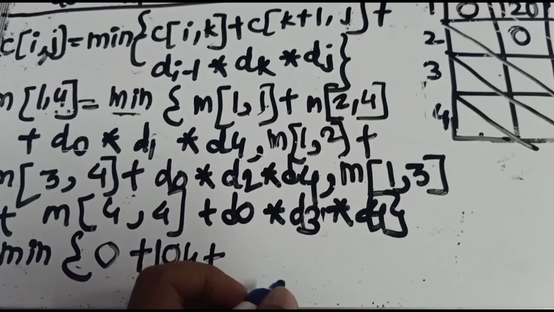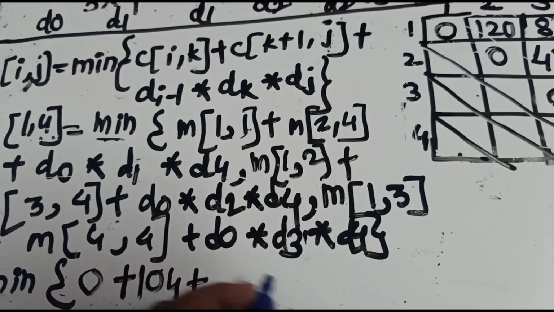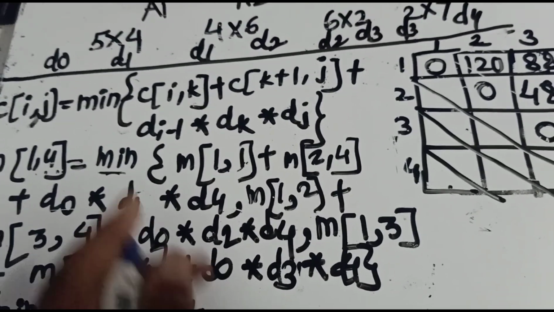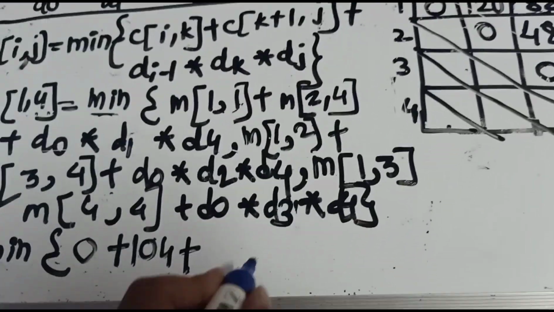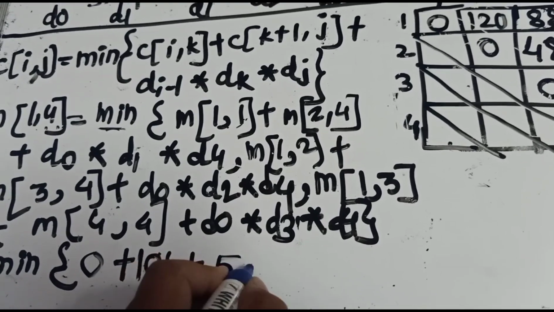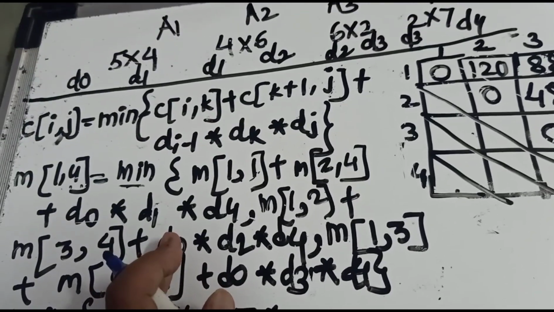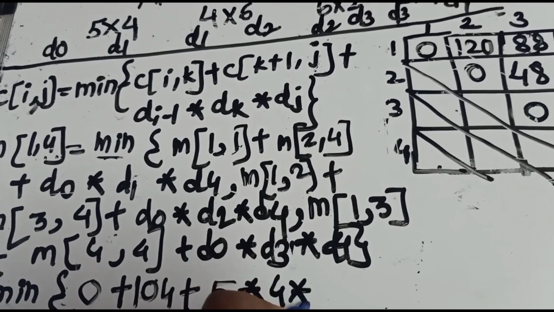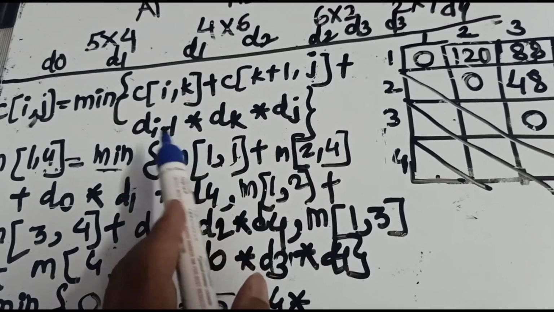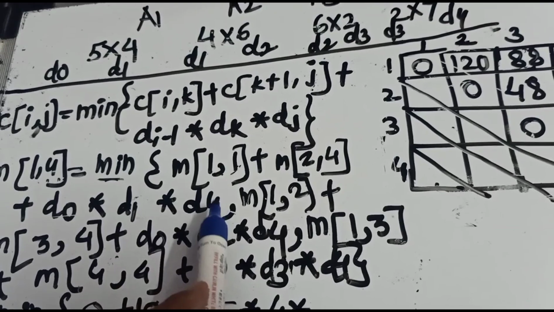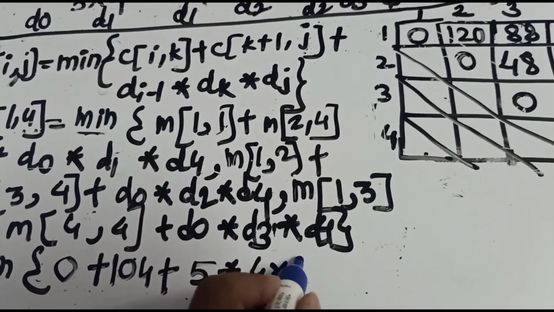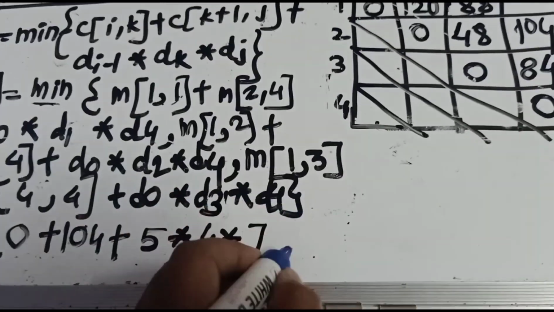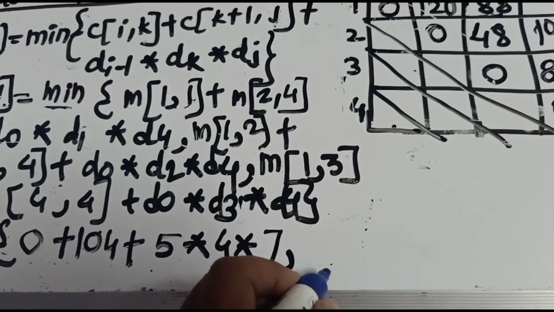So we will just put the values here. The value of d0 is 5, into d1 which is 4, into d4. The value of d4 is 7.